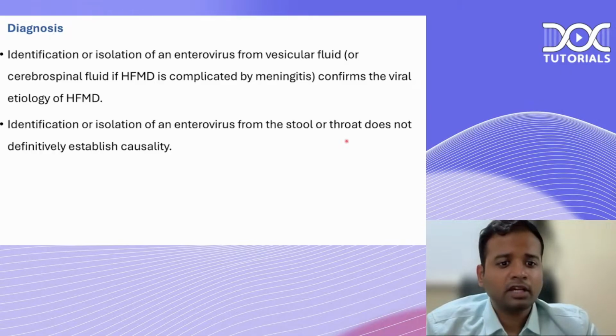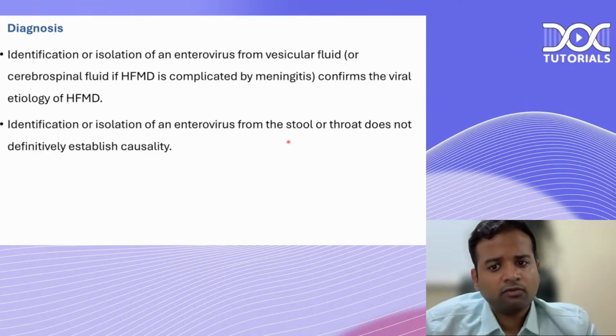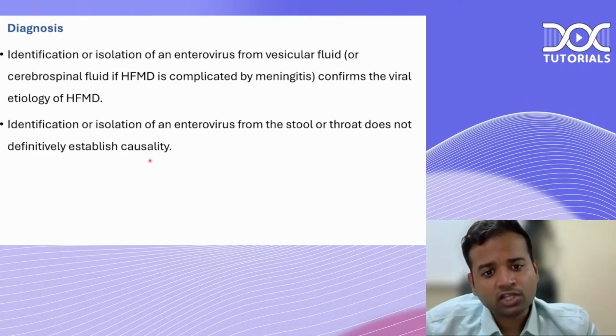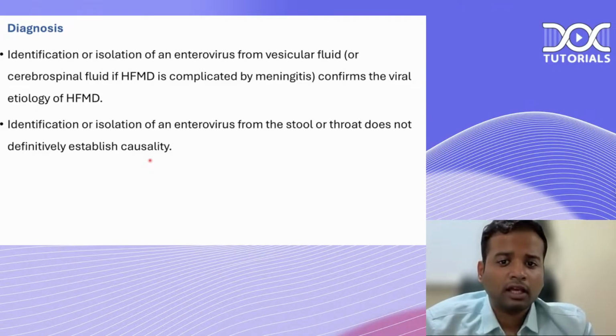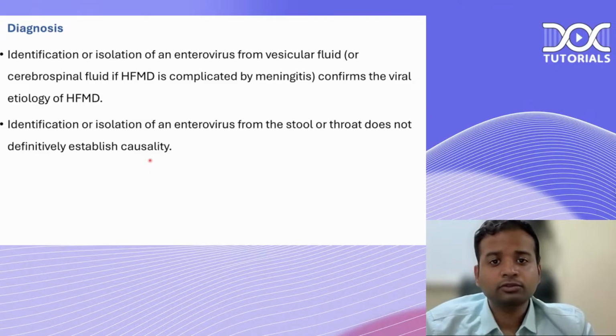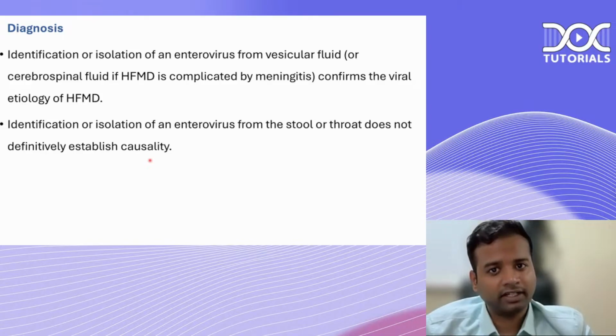And identification or isolation of enterovirus from the stool or throat does not definitely establish causality. This is a very important point. Many children will also shed the virus asymptomatically in the oral secretions, the respiratory secretions, and the gastrointestinal secretions, in the stool. So an asymptomatic child can also shed the virus.